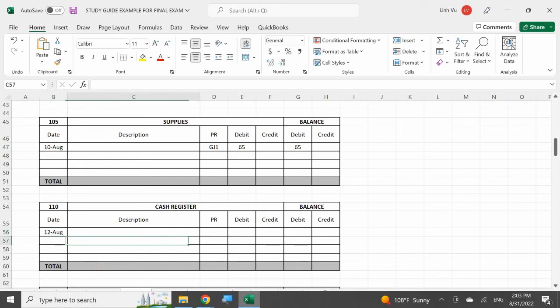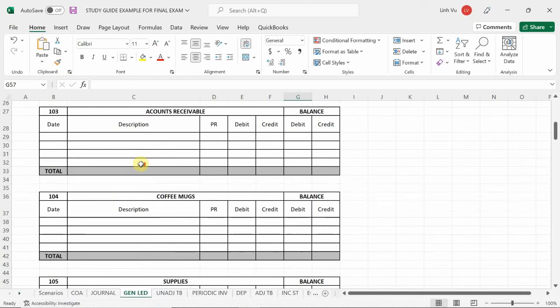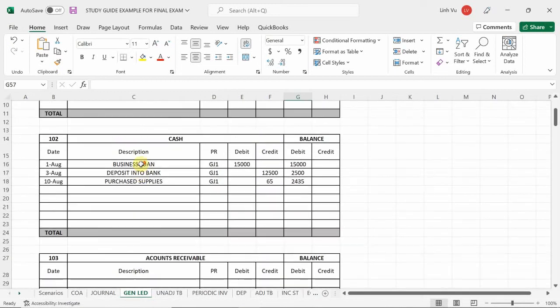Today's the 12th, still on the first page of the journal for $285.60. And we need to update our cash account because we ended up spending cash to purchase the cash register.